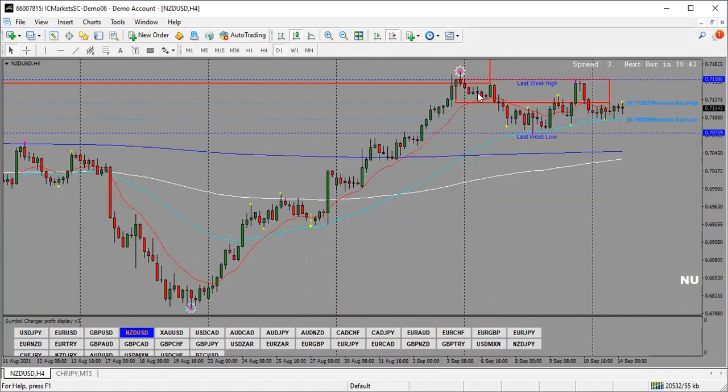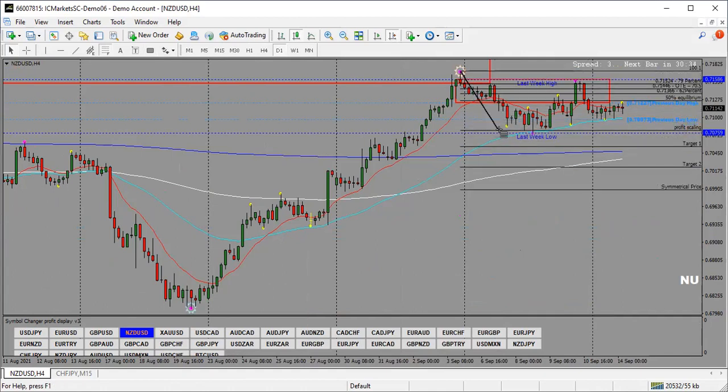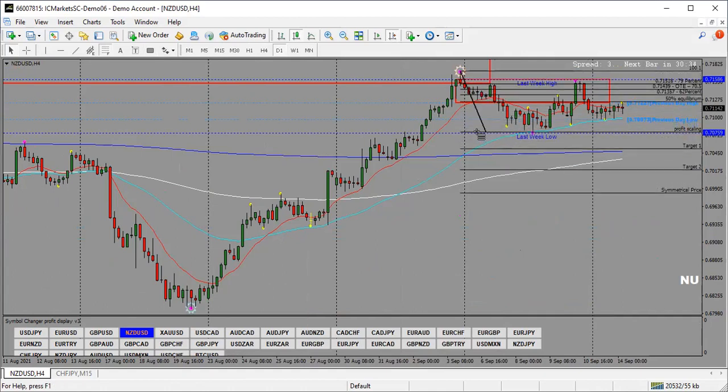So on this, we can treat the order block from here, and we can use Fibonacci retracement from swing high to swing low, and we have price at the OTE zone, right?